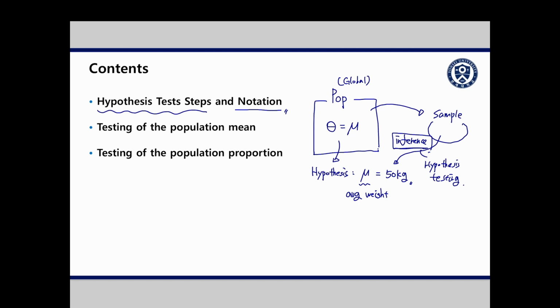Specifically, we'll look at the case where the parameter of interest in the hypothesis is the population mean and the population proportion.